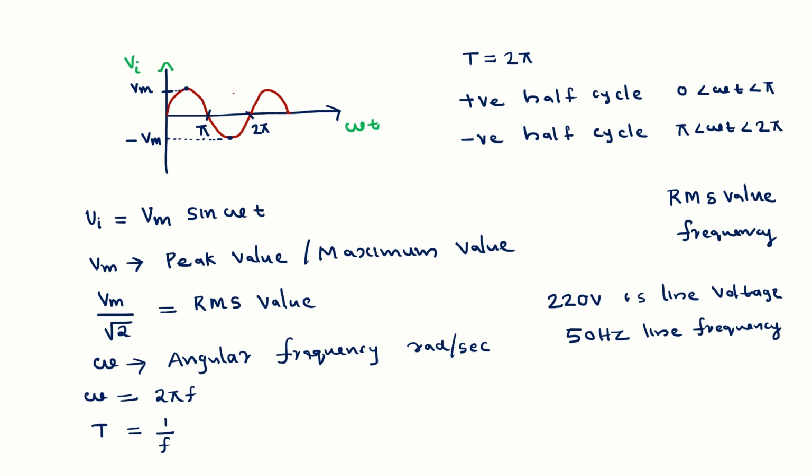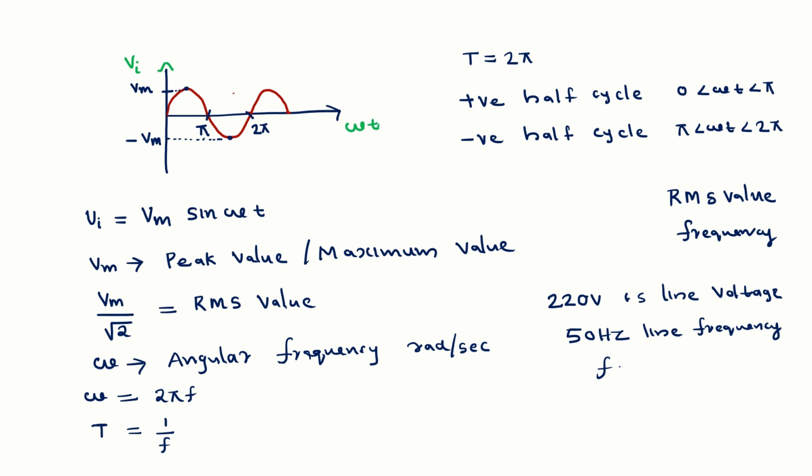In India, the frequency of the supply voltage is 50 hertz. It may vary outside, in the USA or Europe, which have a different frequency, 60 hertz, but in India the line frequency is 50 hertz.